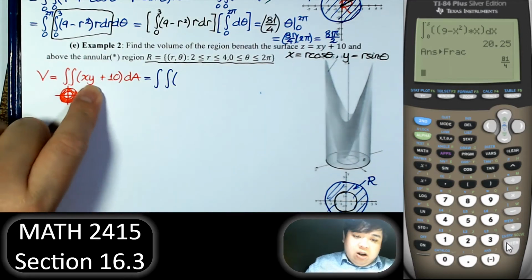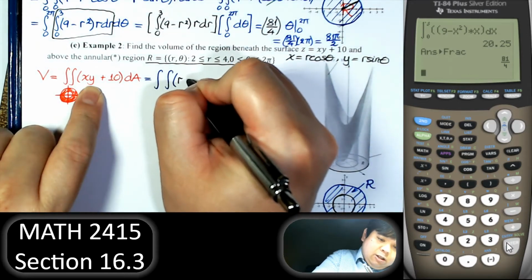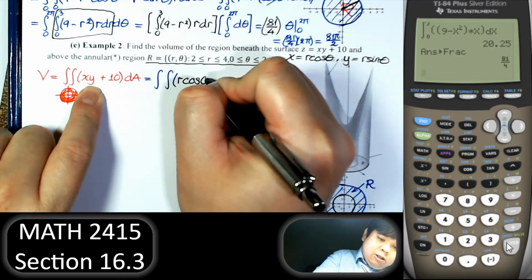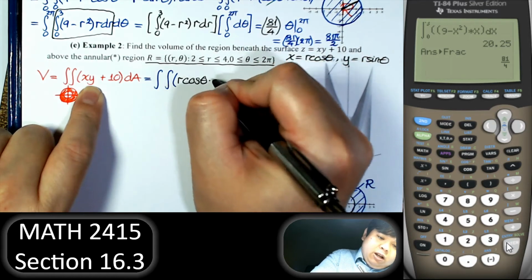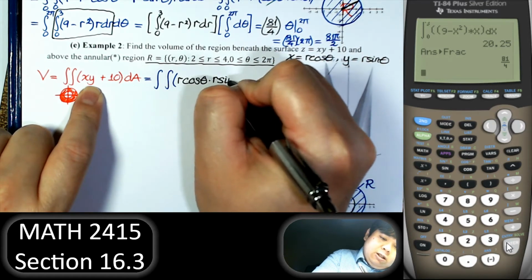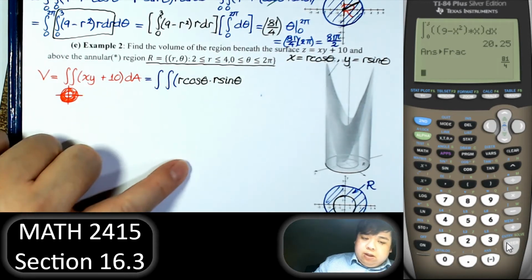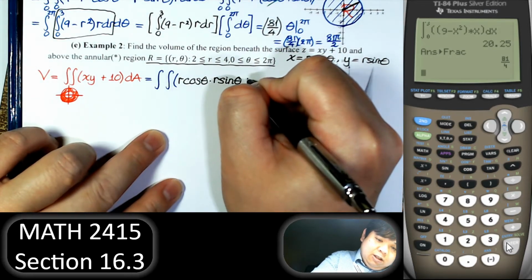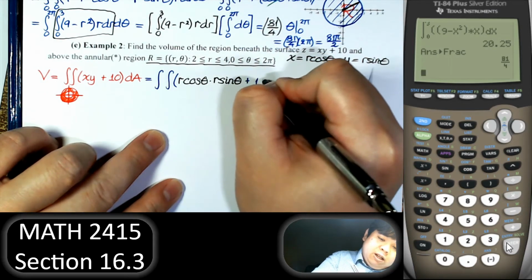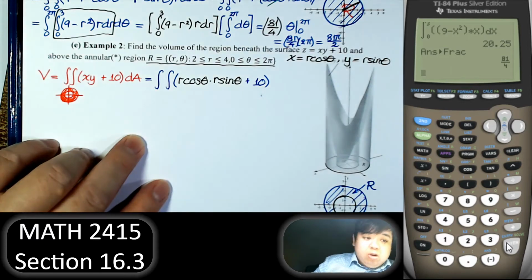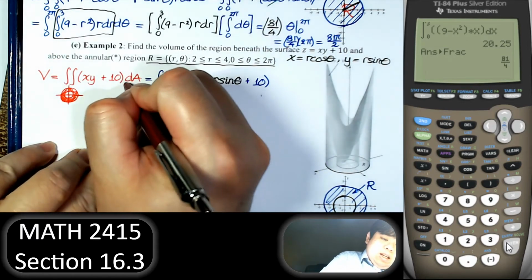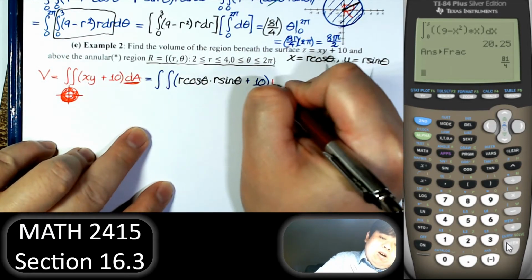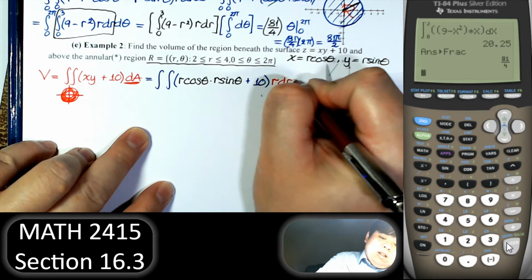x is r cosine theta and y is r sine theta, plus 10. So x times y plus 10. Most importantly, note dA is r dr d theta.